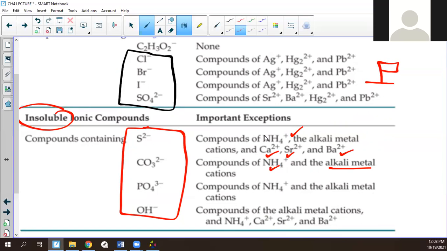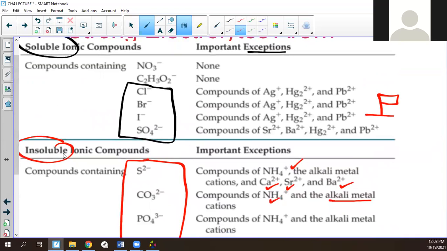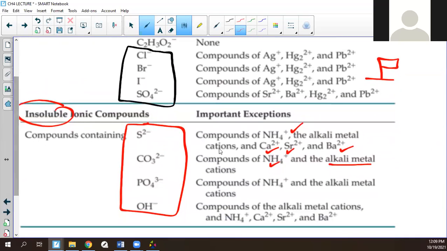NH4. These are all anions, but mostly the cation NH4 is pretty much always soluble.